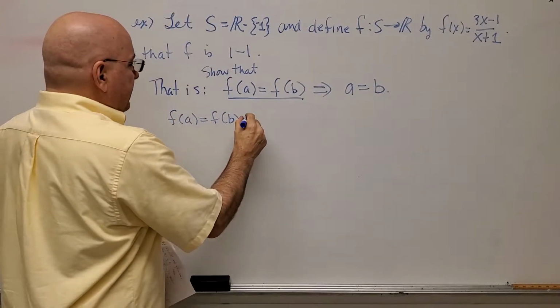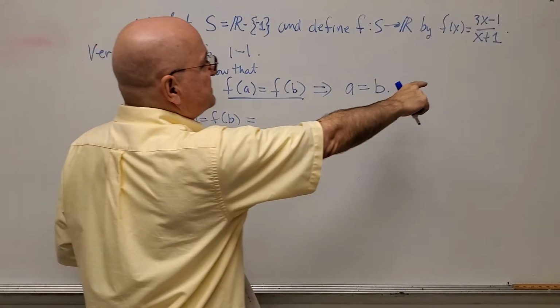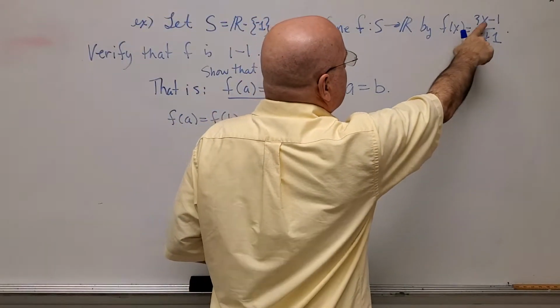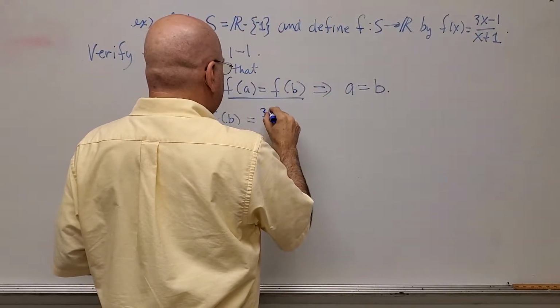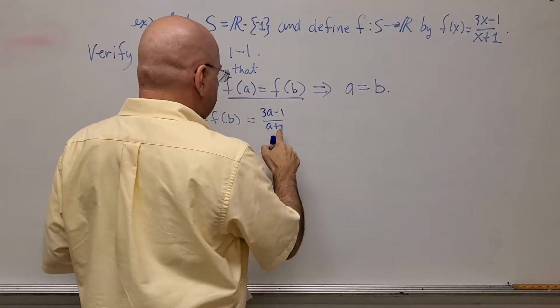Well, we know what f of A is. F of A, where's the function? I lost it. F of A is 3A minus 1 over A plus 1.